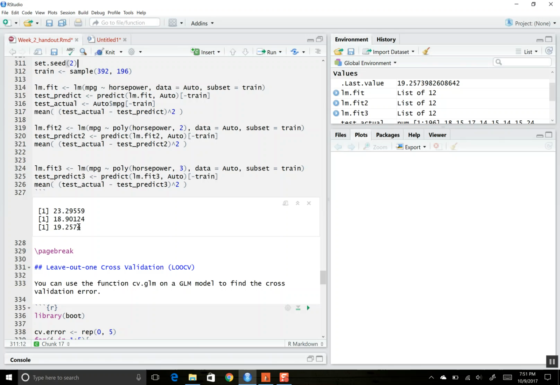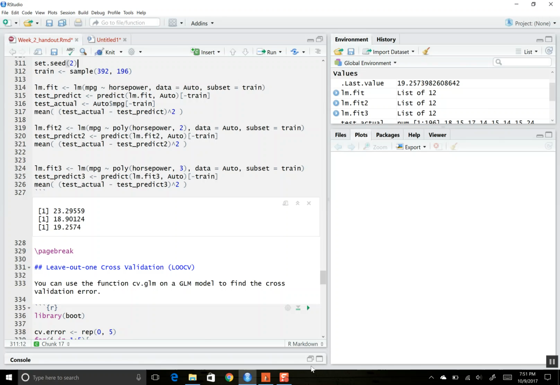And you do this across all of your models. And then at the end, you say, what was the cross-validation error rate for model 1? What's the cross-validation error rate for model 2? Based on that, you have an idea of which model produces the lowest cross-validation error.